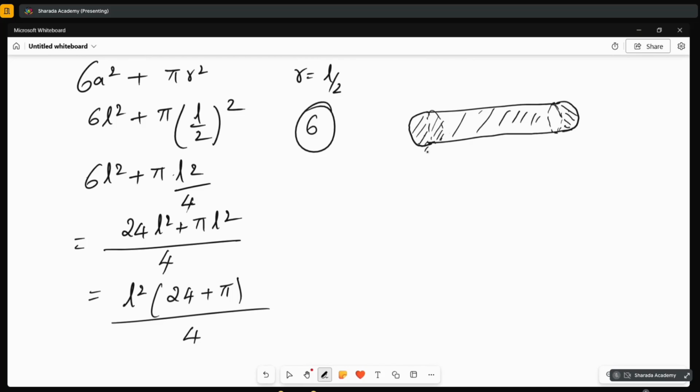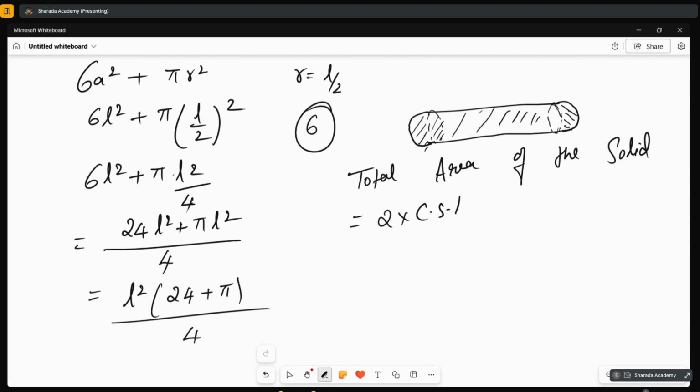Correct, no? So the total area of the solid is equal to CSA of the hemisphere. Two hemispheres are there, so 2 into CSA of the hemisphere, plus CSA of the cylinder.